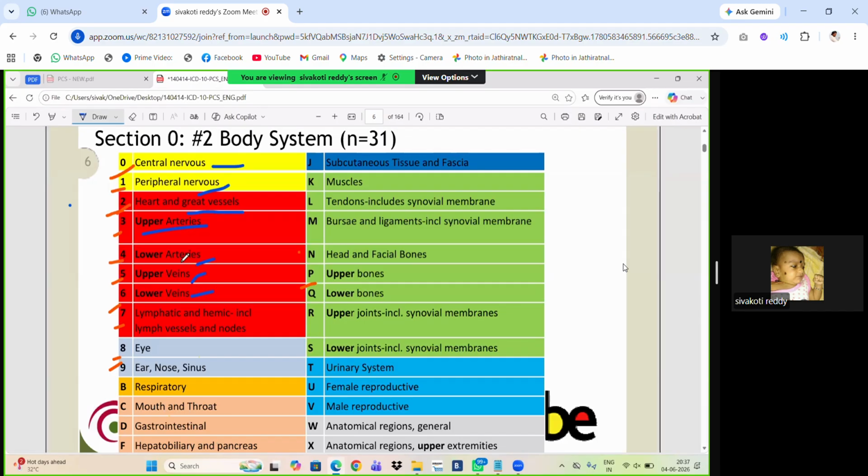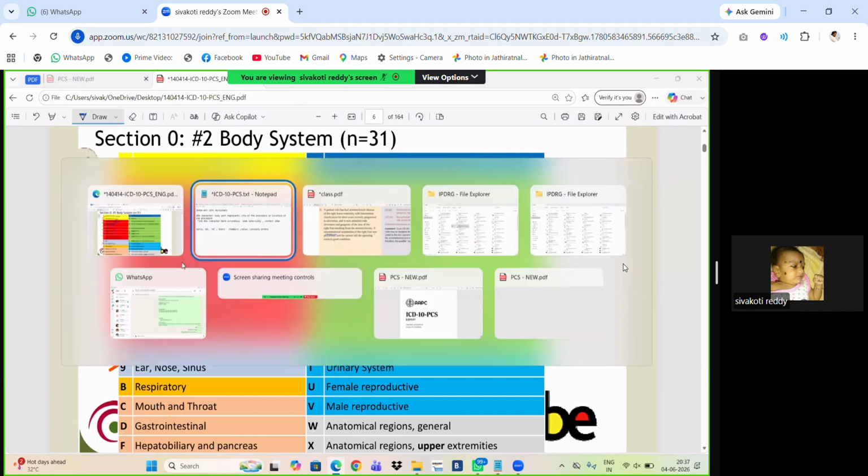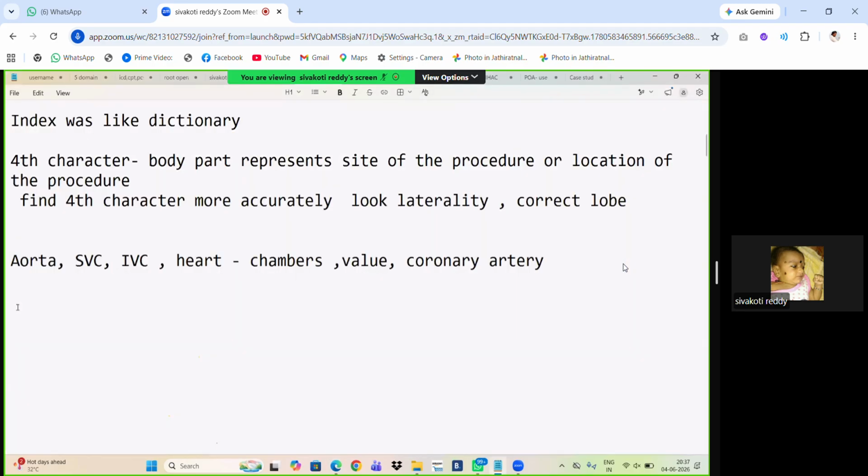What is the midpoint to divide arteries into upper and lower, and veins into upper and lower? Does anybody have an idea? The diaphragm should be the midpoint. Note down, the diaphragm is the midpoint. Where is it located?